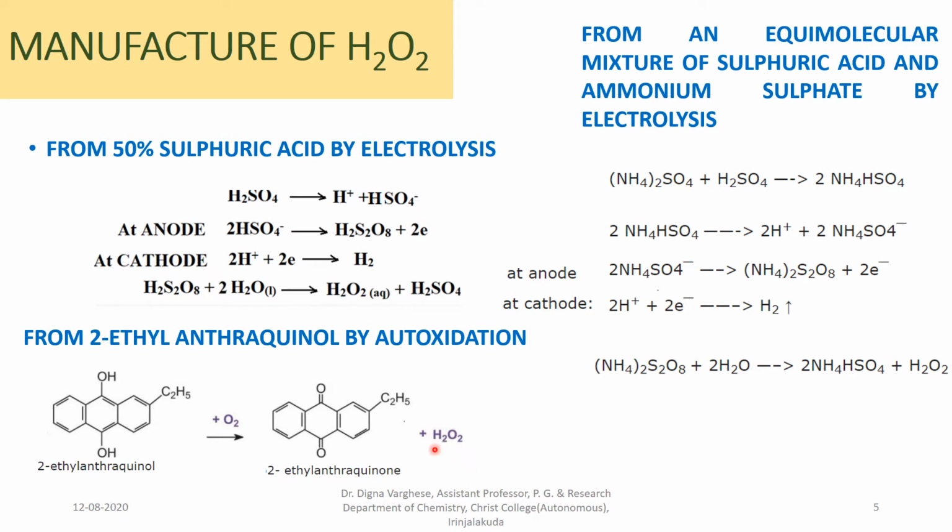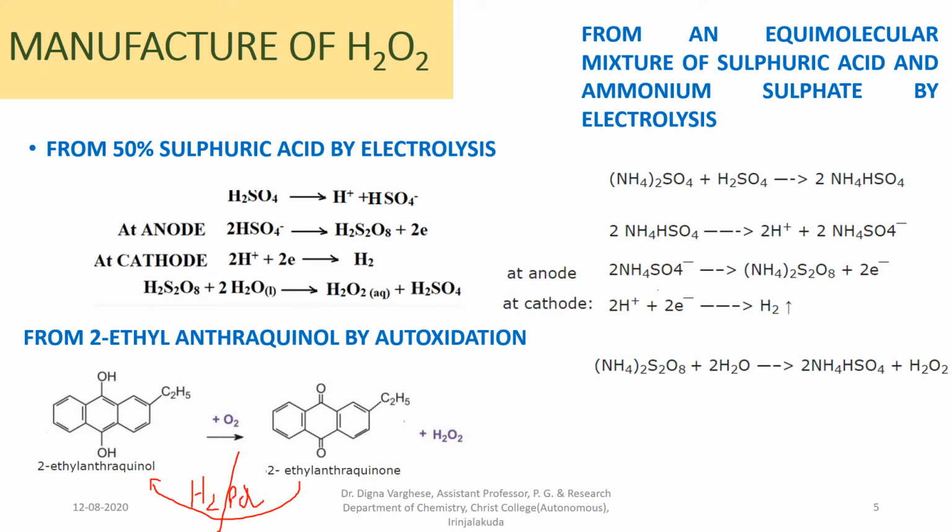Here we can convert this 2-ethyl anthraquinone back to anthraquinol by reduction using a palladium catalyst in the presence of hydrogen. We will get 2-ethyl anthraquinol. That means the step can be reversed by using a reduction method with hydrogen in the presence of palladium catalyst.